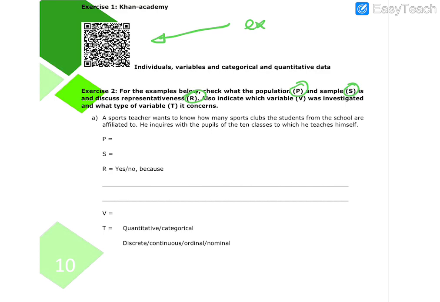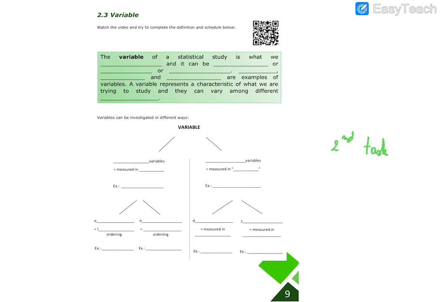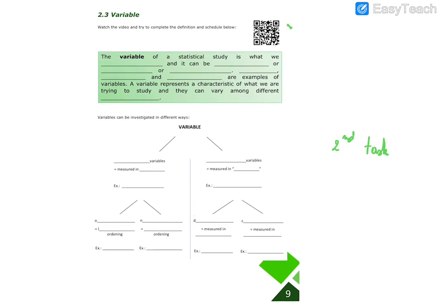And then also indicate which variable was investigated, you don't know what the variable is yet, but you're going to watch the video, and what type of variable it concerns. So the variable and the type are explained on page 9 of your syllabus. So first watch this video and then complete this task.